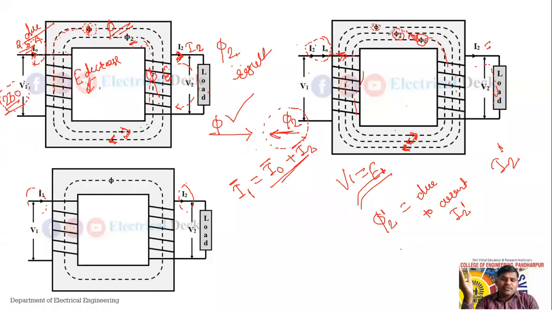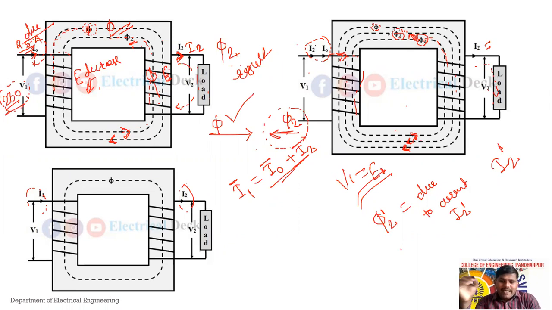Secondary current मुळे प्रोड्यूस होणारा जो काही फ्लक्स आहे त्याचा इफेक्ट आपण न्यूट्रलाइज करतोय. We are neutralizing that effect by taking an additional amount of current from the primary side.